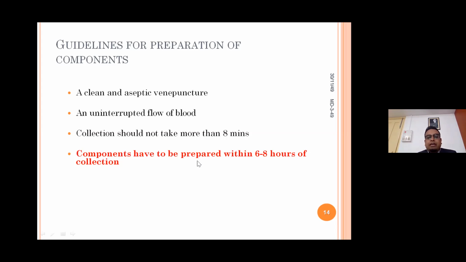Components have to be prepared within 6 to 8 hours of collection. If 8 hours elapse, we usually do not prepare components from that collected unit of whole blood.